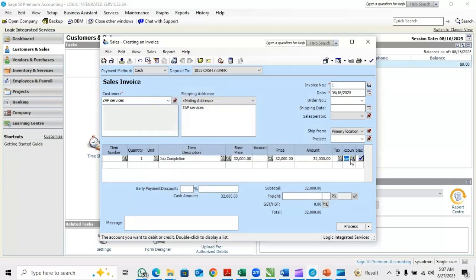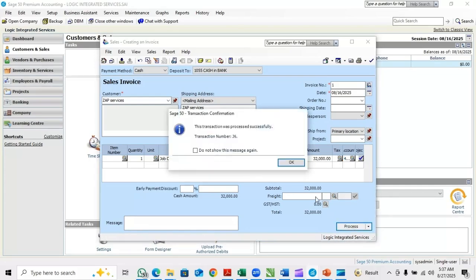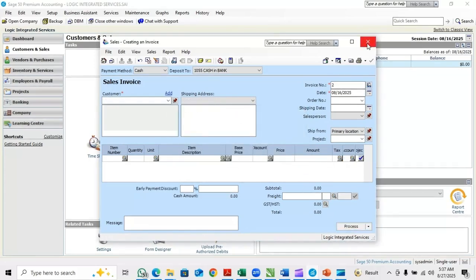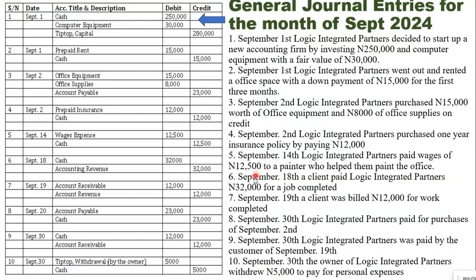So the accounting revenue is being credited, and we are going to debit the 1055 cash in bank for the company, and that is a transaction. So this is how you create a sales invoice. This is a sales invoice, and you are paying the money immediately. So you process the transaction and close and go back to the next transaction.